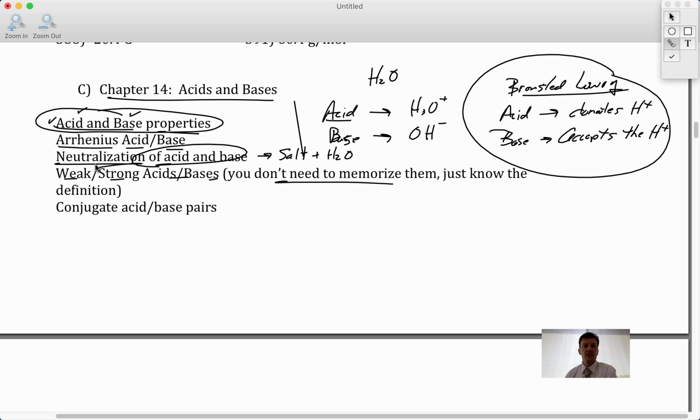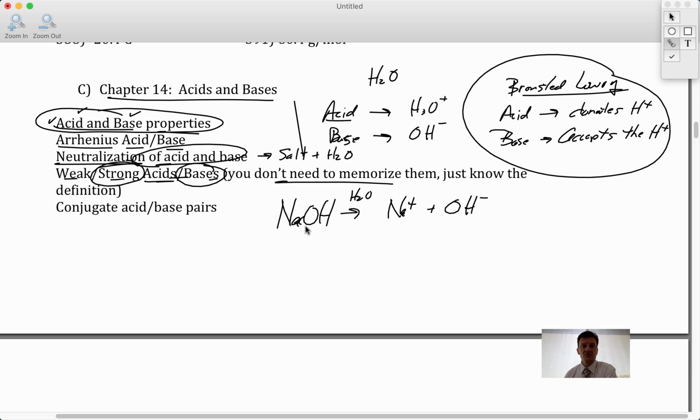You just need to know that by definition, a strong acid or a strong base, what we mean by that is it completely dissociates. When you take sodium hydroxide and you put it into water, you will create the sodium ion and the hydroxide ion.